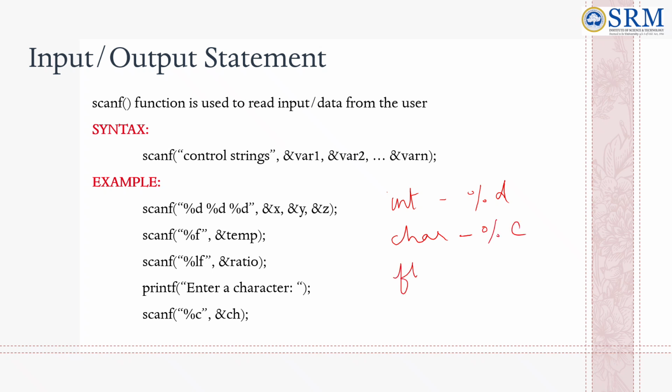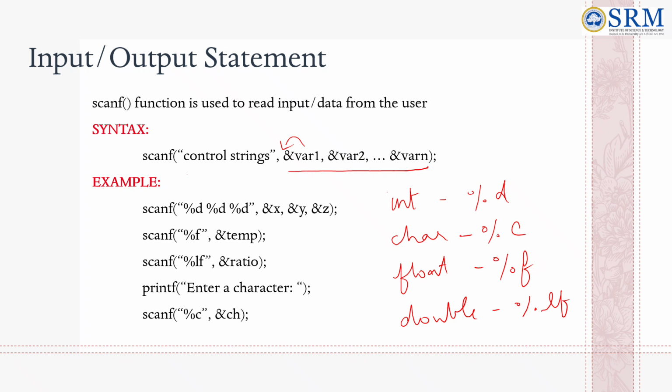For float, the control string is %f. For double, the control string is %lf. Remember, these control strings must be enclosed within double quotes, comma, and here we give all variable names separated by comma and each variable to be preceded with ampersand.